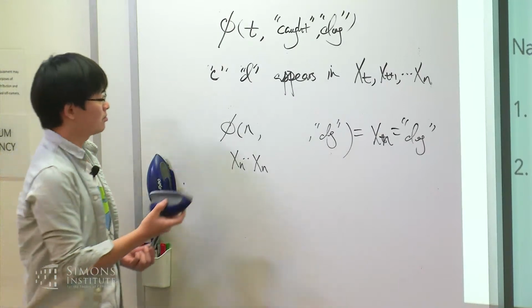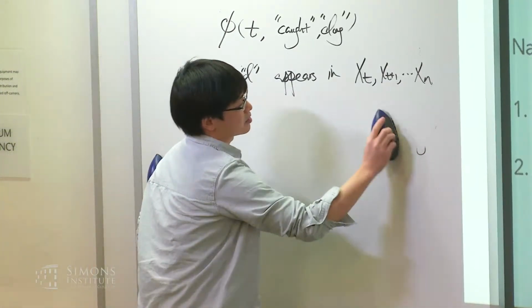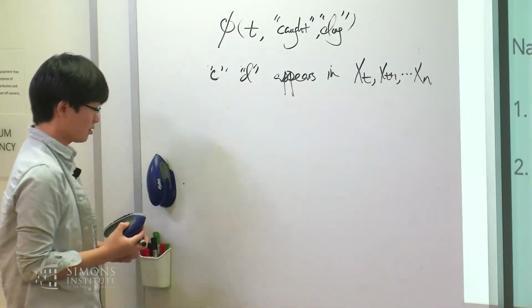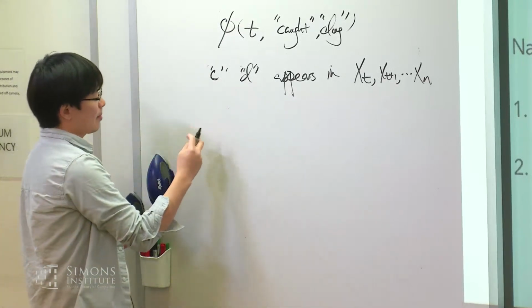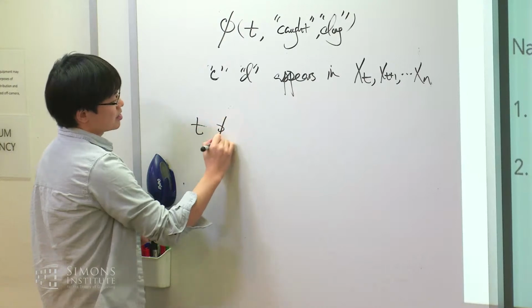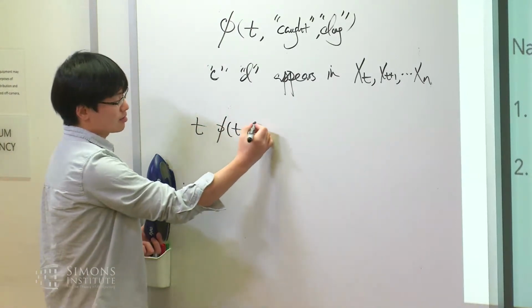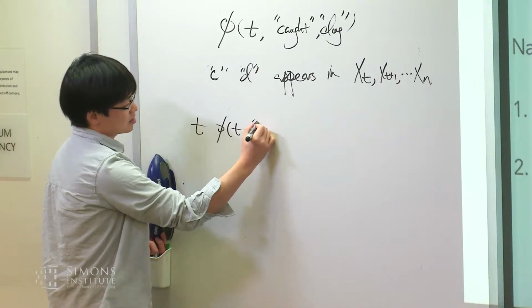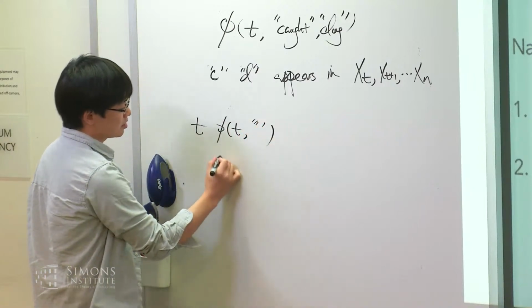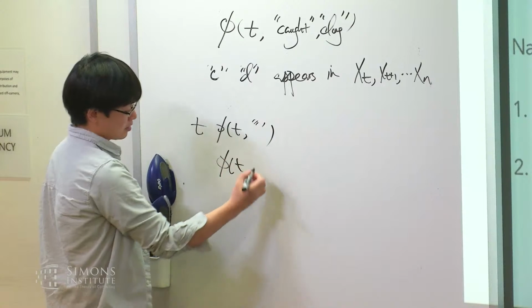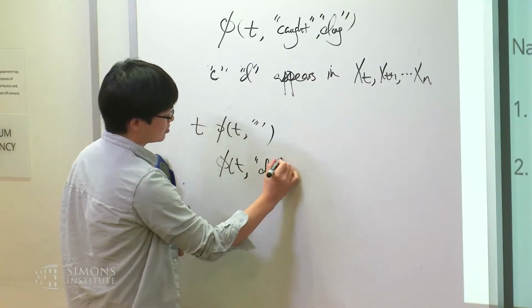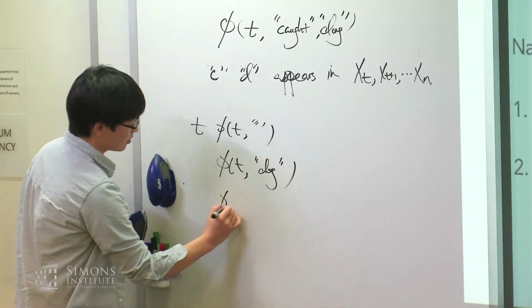Okay, so what's the size of the circuit? So at each time step, we need phi_t. Maybe we have already satisfied the constraint, so something empty, right? We need phi_t. We have one word left. Phi_t.